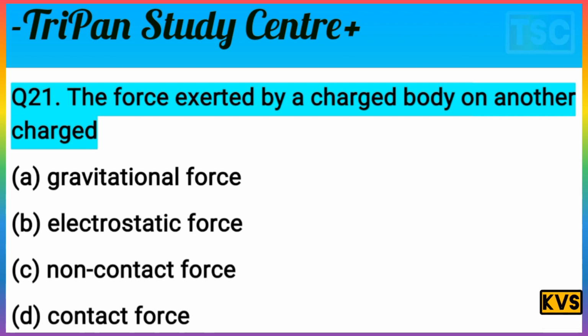The force exerted by a charged body on another charged body. A, the gravitational force? No, this is not a gravitational force. Option A is wrong. B, electrostatic force. B is the correct answer.